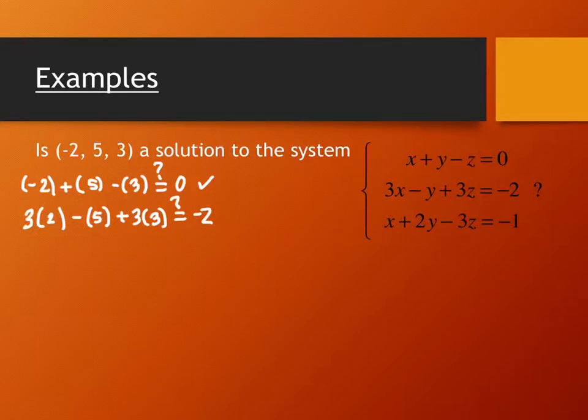Yep, it does. And then on the third one, I have 2. Hang on, that should have been negative there. I left my negative off. You guys have got yours in there. -2 plus 2 times the 5 minus 3 times 3. And does that equal -1?